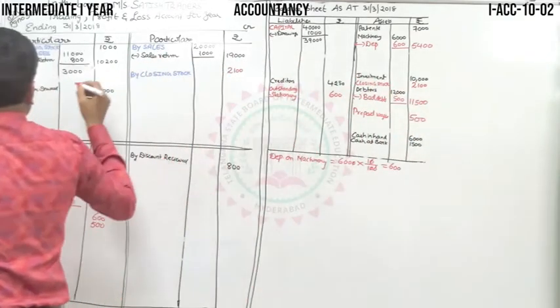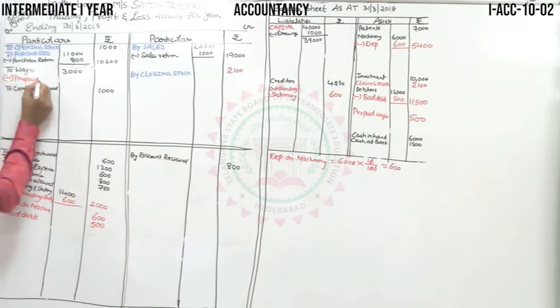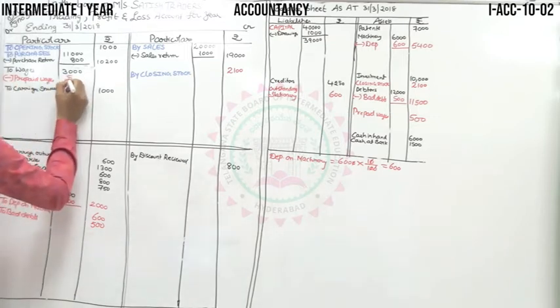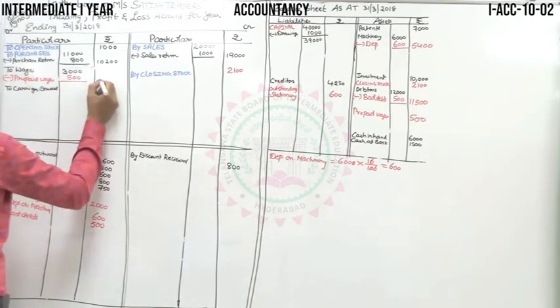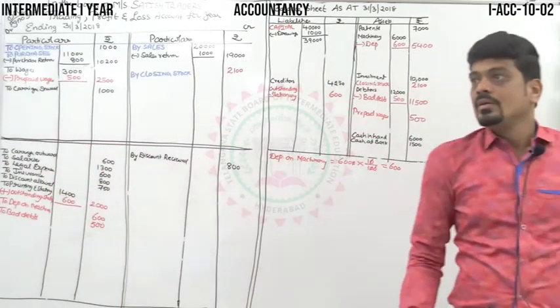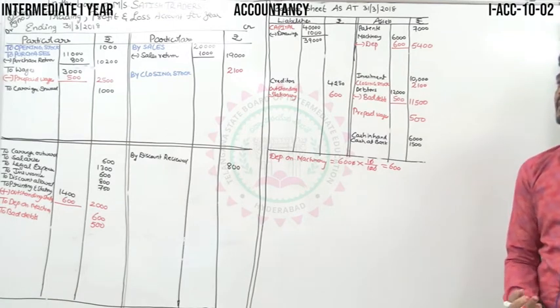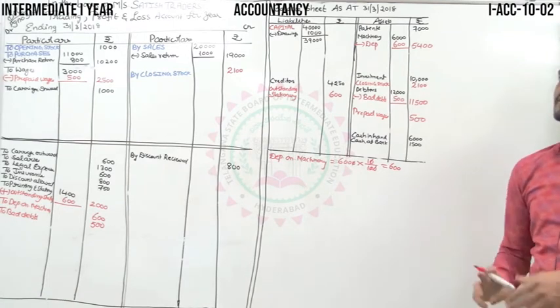Second rule of prepaid is subtract. So, minus from wages. Minus prepaid wages 500. So 3,000 minus 500 is 2,500. You can see all the postings are done. All the adjustments are done.